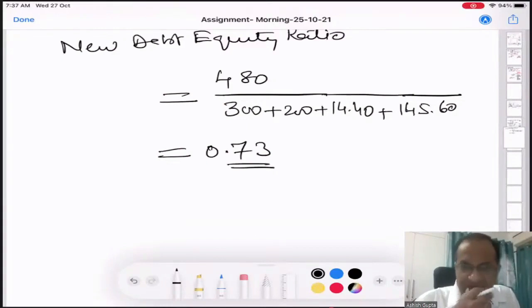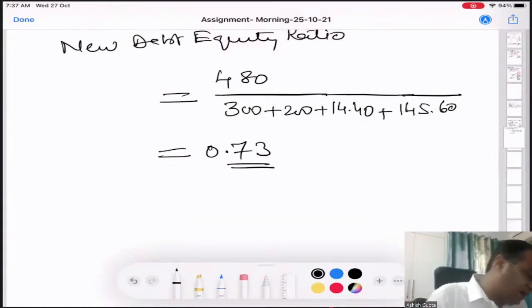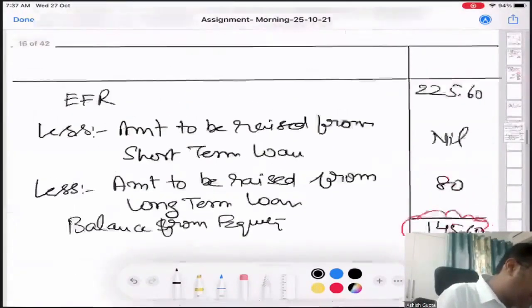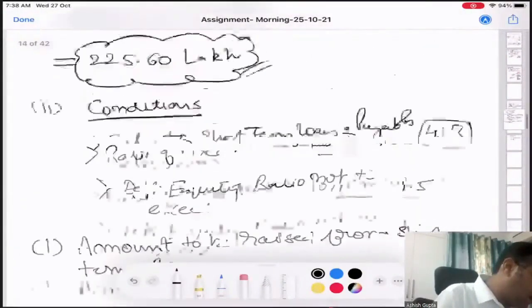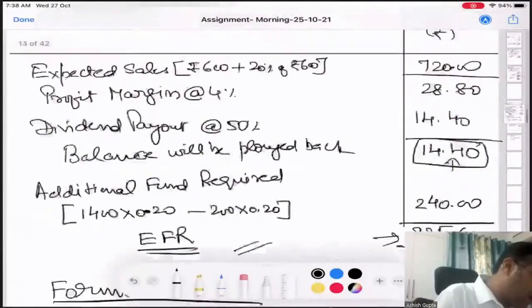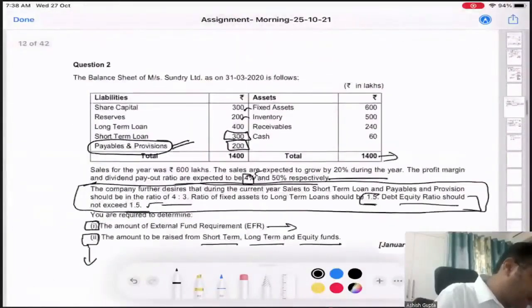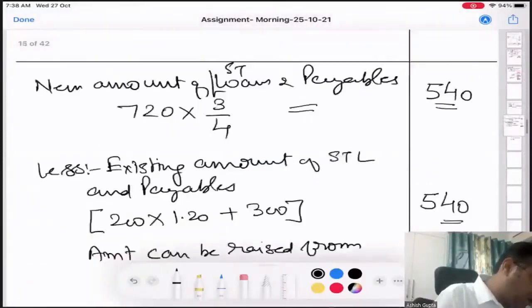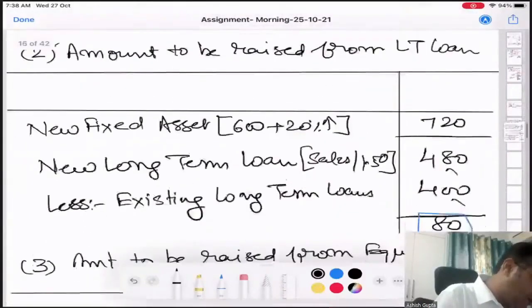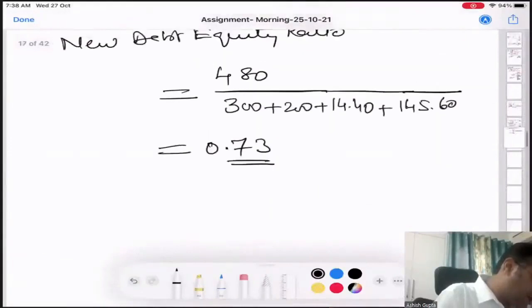Now, if the student is saying, sir, can we include the short-term debt? Let us see whether the condition is met even if we include it. There will be no additional raising from short-term loans, even if we include 300. Let us see, no problem. This is another alternative also.